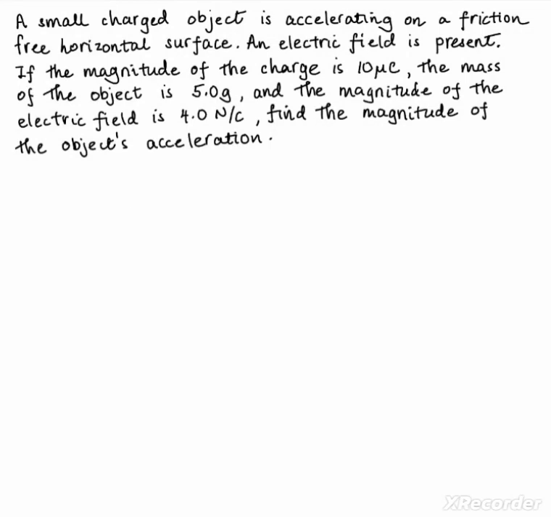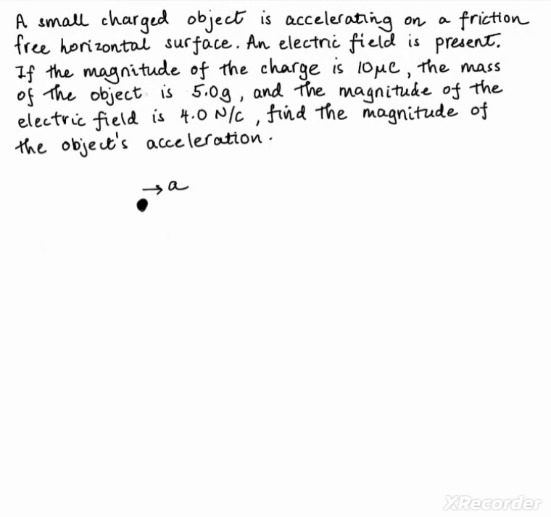So we have some sort of an object, and this is accelerating, let's say to the right, on a friction-free horizontal surface, so we are not considering the weight here. We are just looking at the horizontal or the x-axis. We have an electric field.